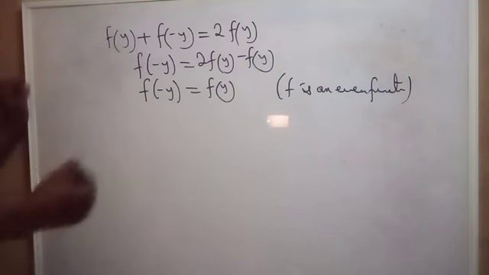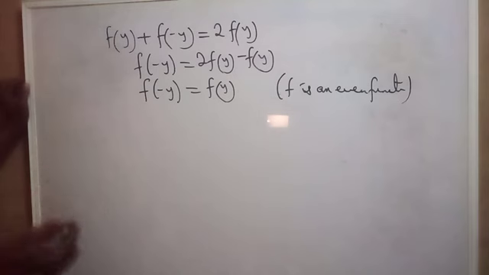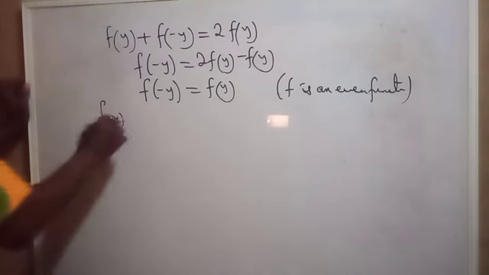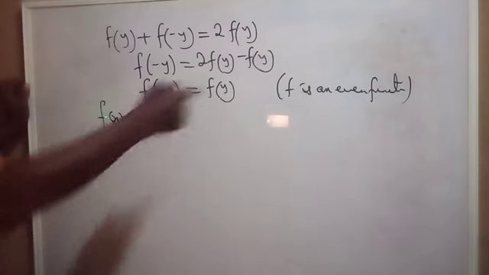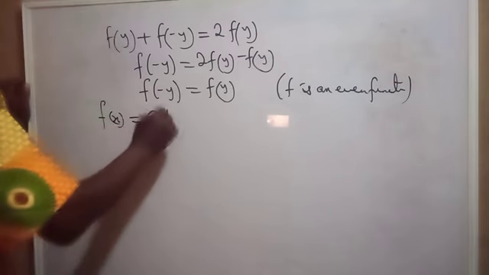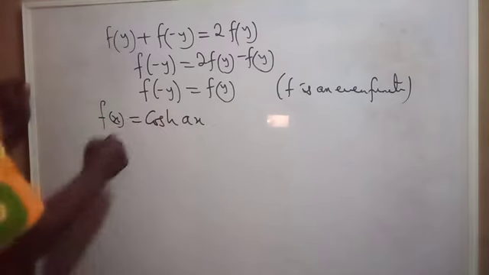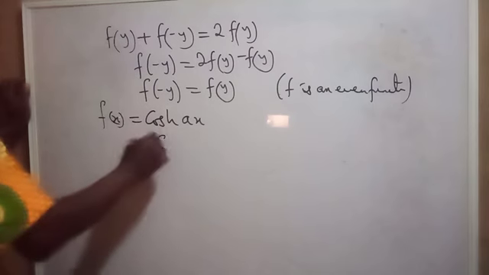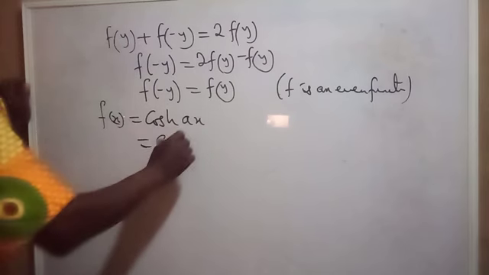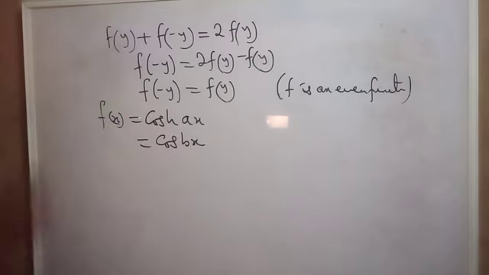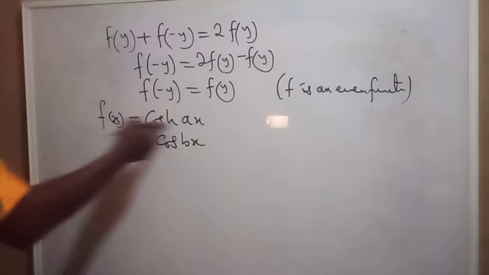So what functions are even? Obviously, we have the cosh function. So we can say f of x will be cosh ax, and you can also have it as cos bx. Yes, these are even functions. So we can have f of x be this or this.